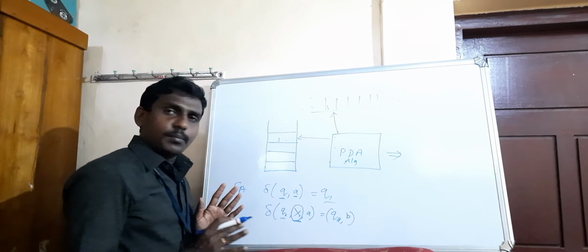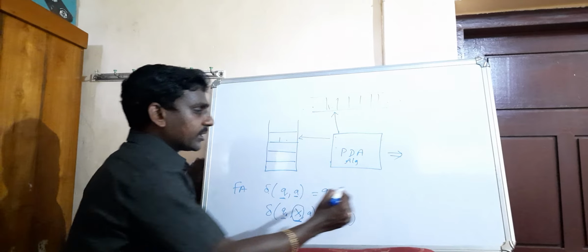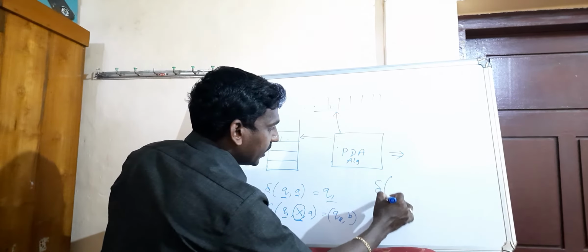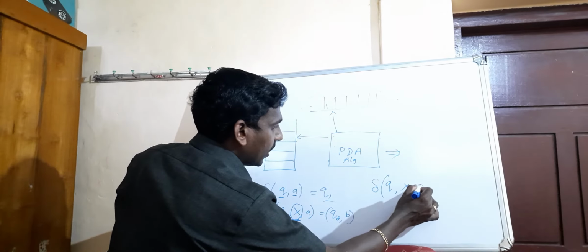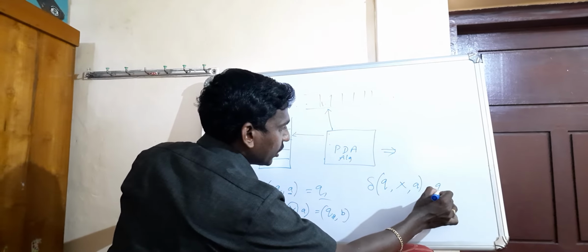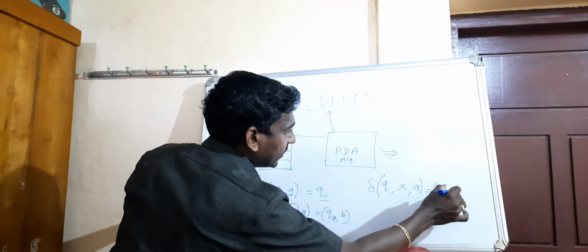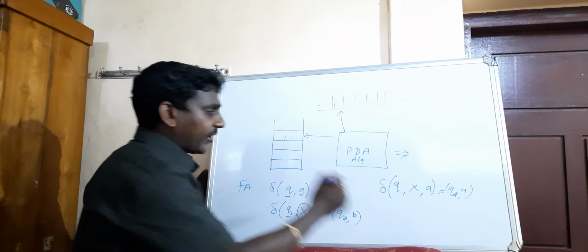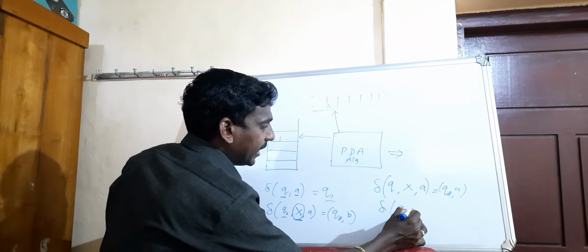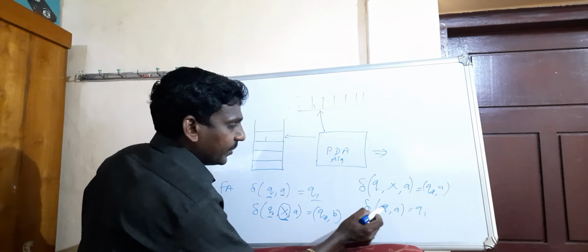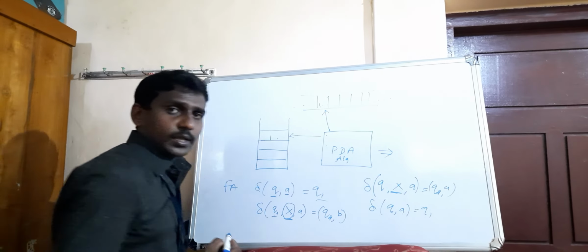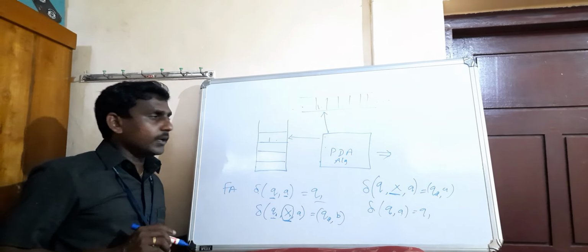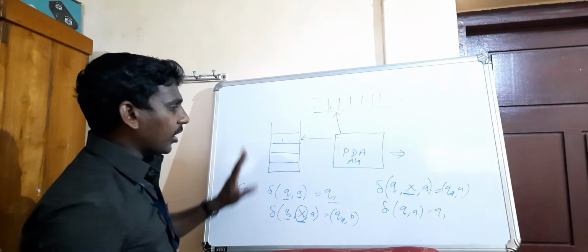So this is the model of PDA. You just remember, the transition should be delta of q comma x comma a equal to q2 comma a, like that. This is the transition model. But in finite automata, delta of q comma a equal to q1, that means current state comma input symbol. But here it is adding another one, the stack symbol also. Clear? So this is the model of PDA.